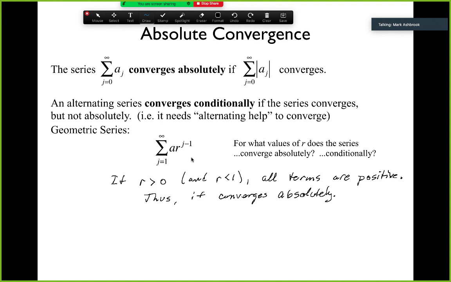Does that make sense? Yeah, I was saying if it's alternating and r is negative. Well, if r is negative, that makes it alternate. So if you also put an alternating term on, it'll still be alternating. It'll just be the pluses and minuses will be flipped. So that won't really affect anything.